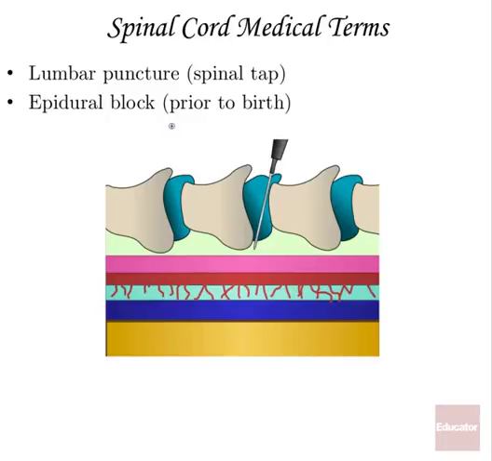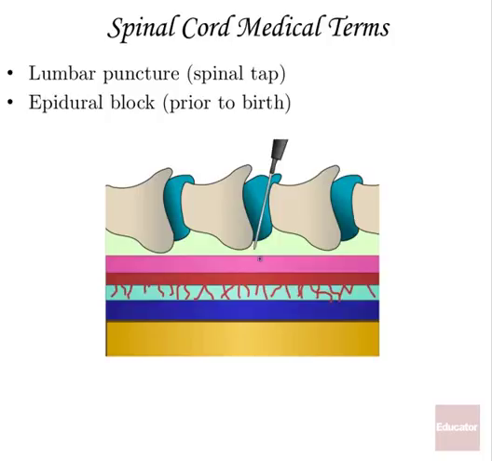Epidural block. This is done for numerous reasons, but one of the most common is if a woman's going through labor and doesn't want to feel the pain of childbirth as much. So an epidural block is the opposite of the spinal tap, because they're actually injecting some anesthesia, some medication that is going to reduce the pain. Wherever they inject that pain medication, you're going to be numbing the nerves that branch off from just that portion.